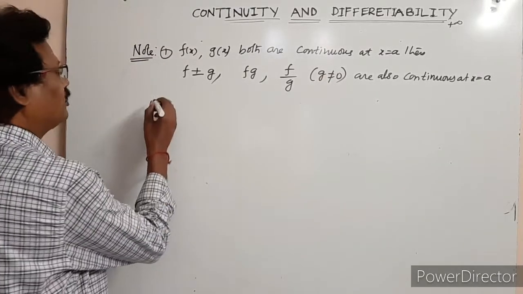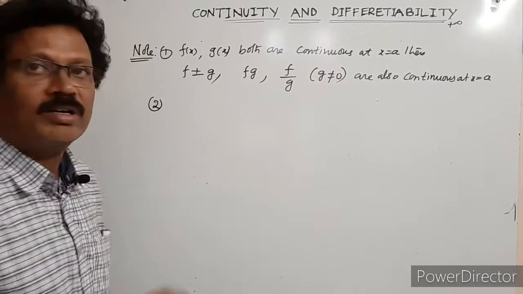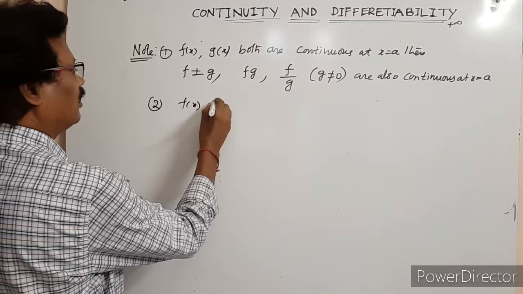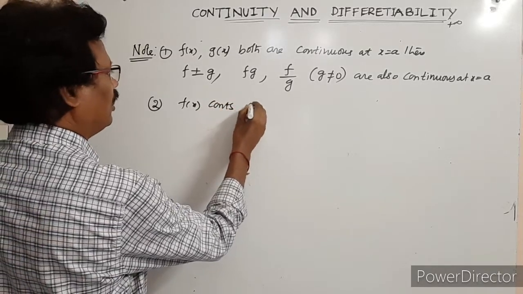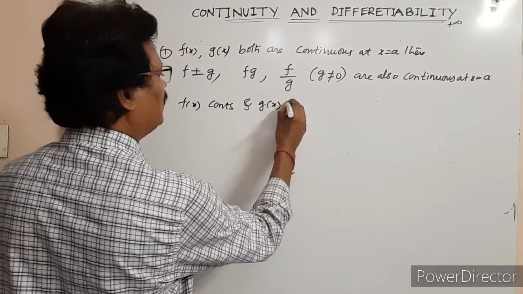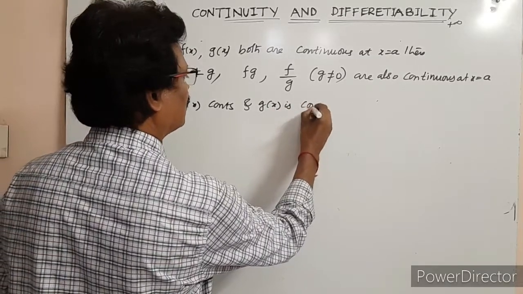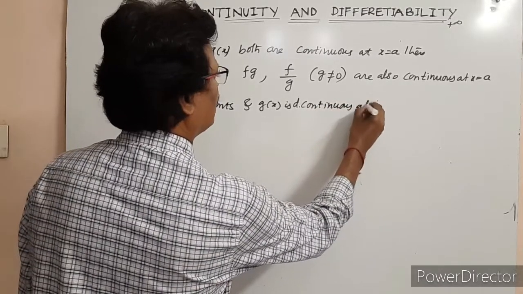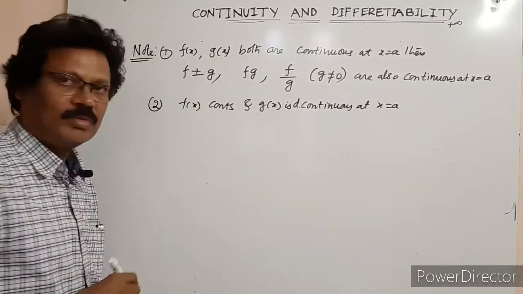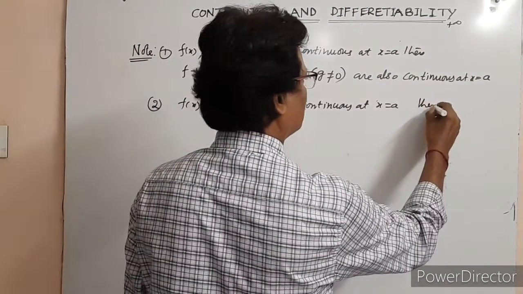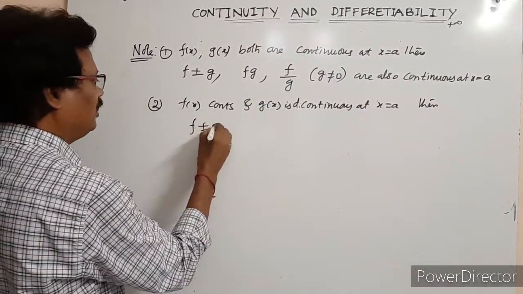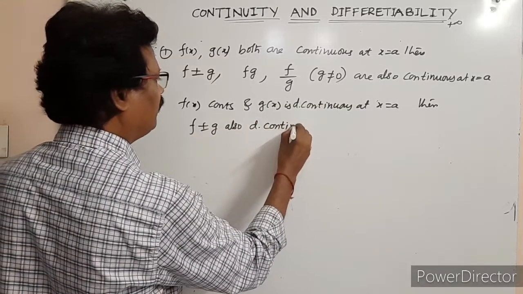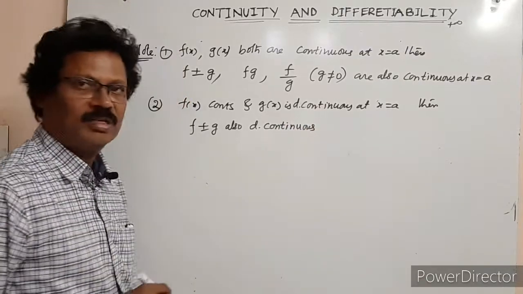Okay, suppose any one of these is discontinuous, then what will happen? Suppose f(x) is continuous and g(x) is discontinuous at x equal to a, then f plus or minus g is also discontinuous.